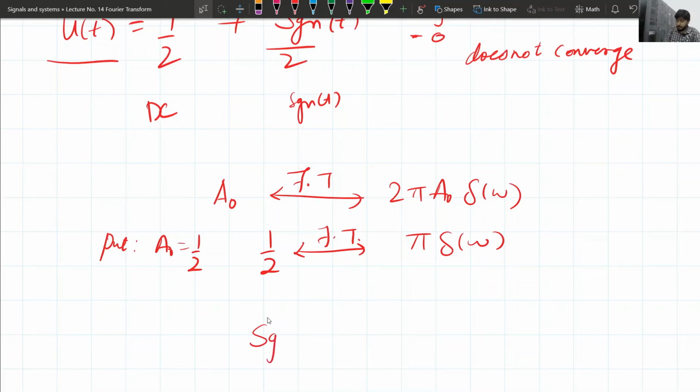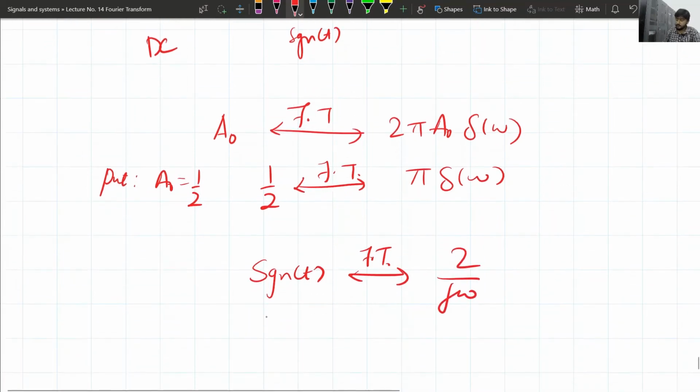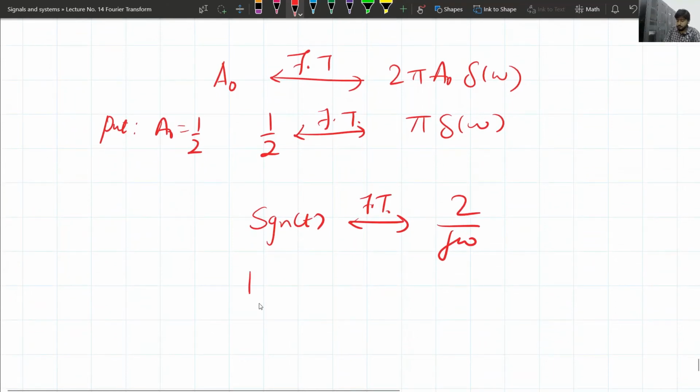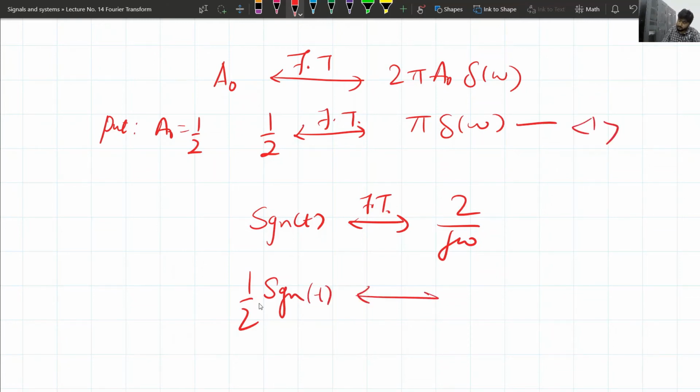Just now we got that signum t has a Fourier transform of 2 upon j omega. So for 1 by 2 signum t, let's call it equation number 1, the Fourier transform will be 1 upon j omega.